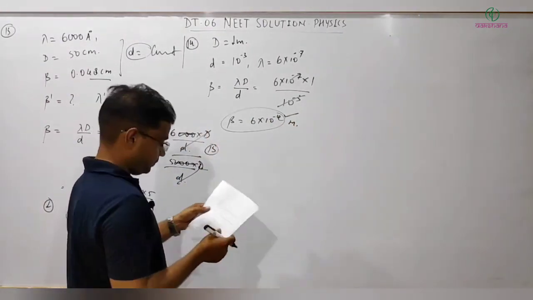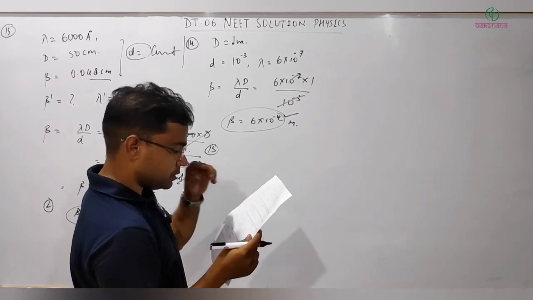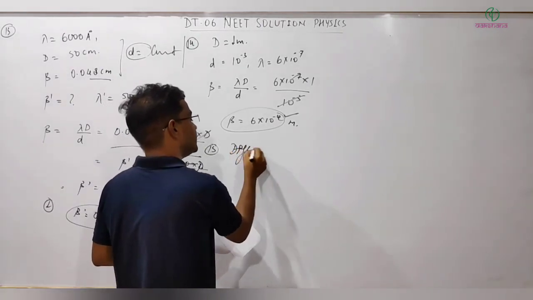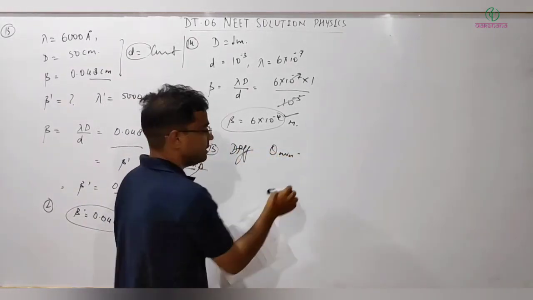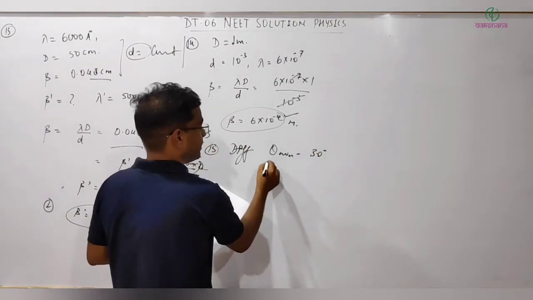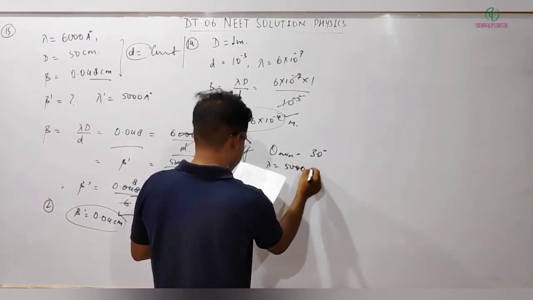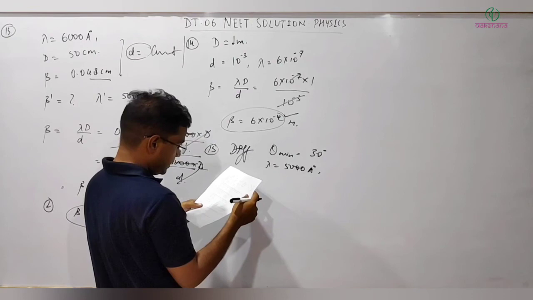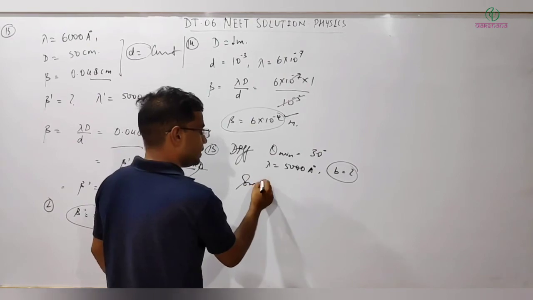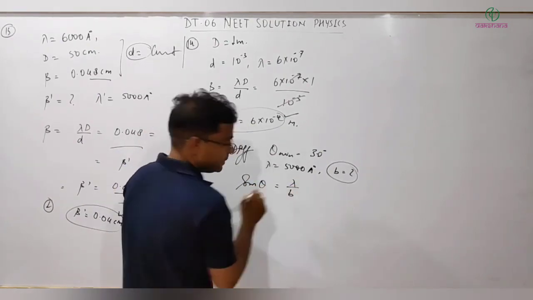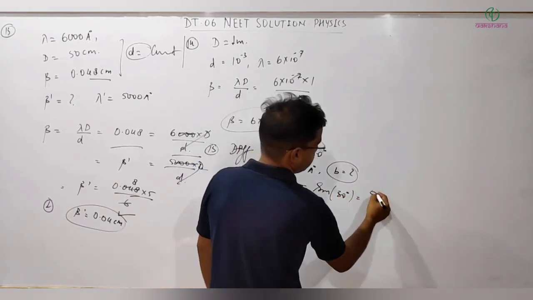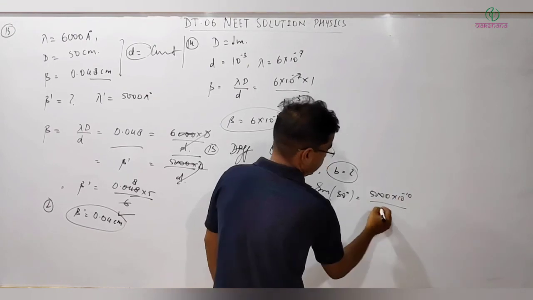Question number 15. First diffraction minima due to single slit diffraction is at theta. So now it's about diffraction, and the first minima will be at theta equal to 30 degree for light of wavelength lambda equal to 5000 angstrom. What else is given here? The width of the slit, so it's b that it's asking. So sin theta for first minima is lambda by b, given as sin 30 is equal to 5000 into 10 to the power minus 10 divided by b.